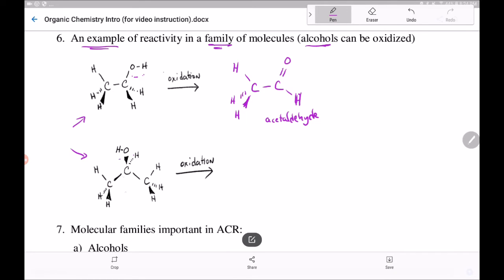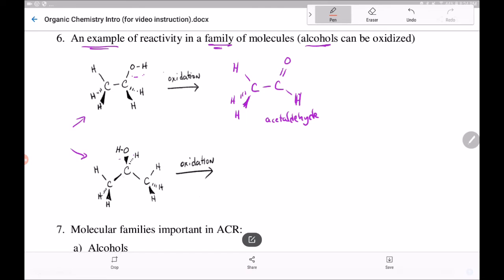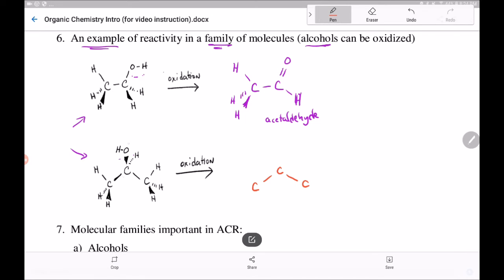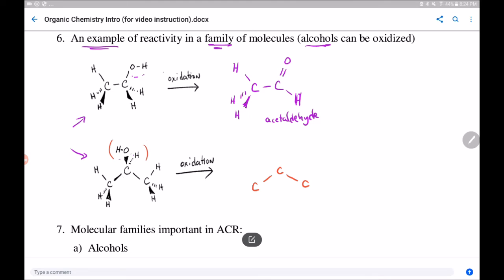Take a look at the second molecule and see whether you can imagine a very similar process occurring. I'll give you a chance to guess at the product before I show you the answer. Here's what happens. It still has 3 carbons. Oxidation doesn't change that. But where there was an OH and an H, that's replaced with a double bond to oxygen, and the 2 ends stay the same.